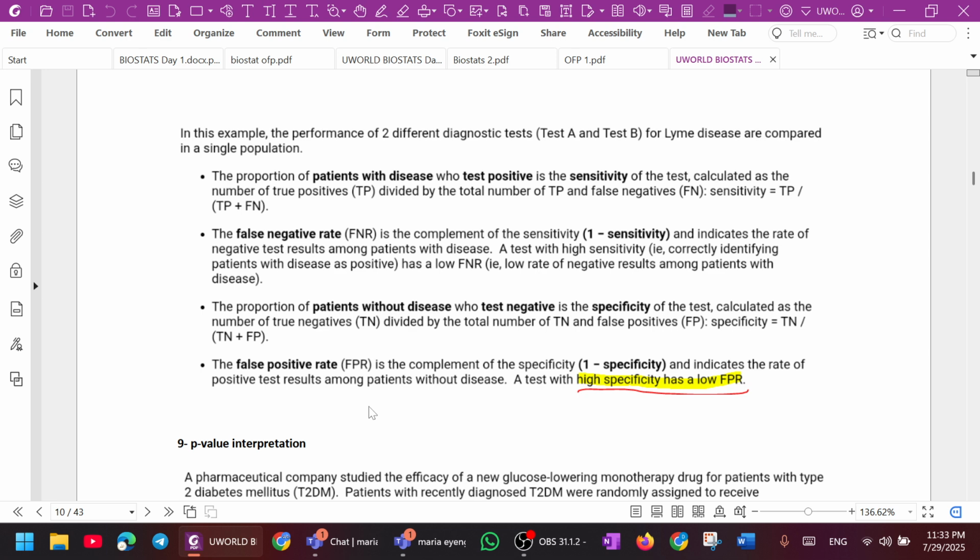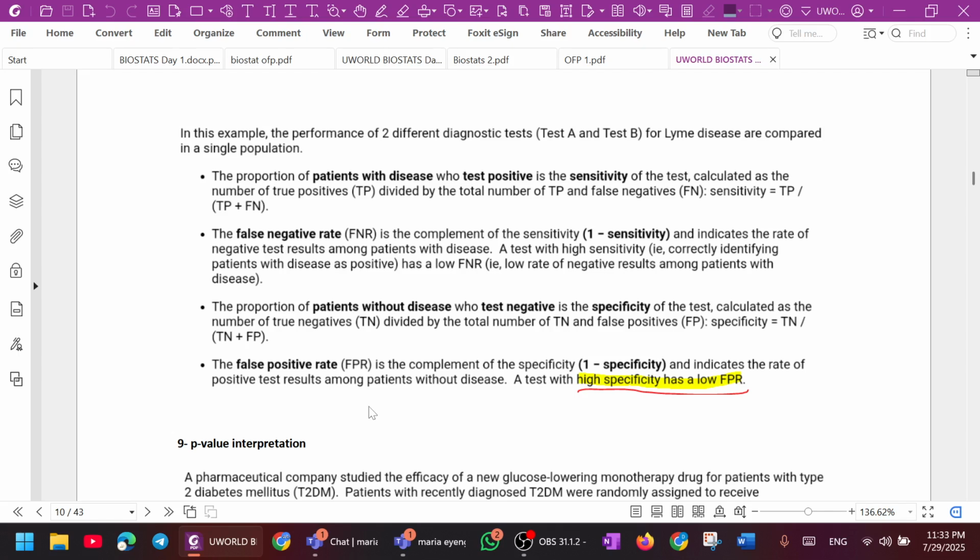They are saying in the study that a greater proportion of patients with Lyme disease have a positive test A. So test A has an increase in true positives. So people that have Lyme disease tested positive with test A. So it has increased, I guess I would say increased specificity. Does it make sense? A little bit.